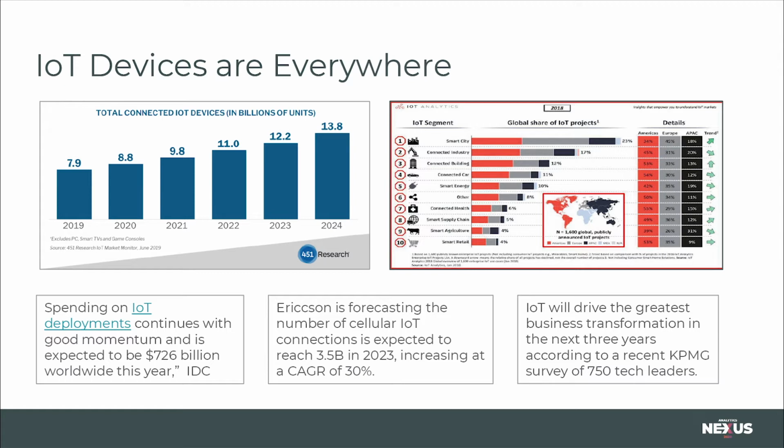So bottom line on this is that IoT is not just a lot of hype. There's a tremendous amount of actual IoT deployment in the world. These devices are everywhere, often shockingly ubiquitous, and they're creating a lot of opportunities for really fascinating analytics. And that's primarily what we're going to talk about today.